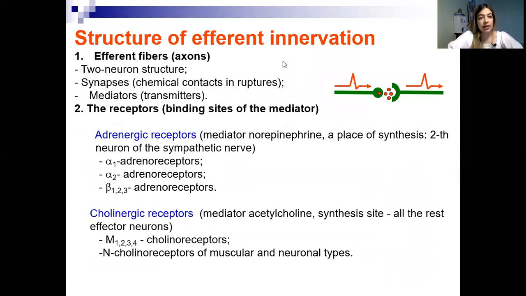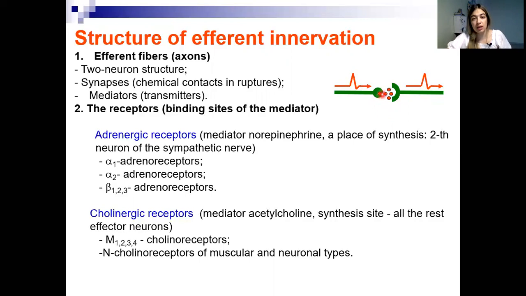Okay, what is next? The structure of efferent innervation. So we already have discussed that we have the two neuron structure. We have synapses in them and the mediators, neurotransmitters, which bring the information from the first neuron to the second neuron, and then from the second neuron to the affected organ.